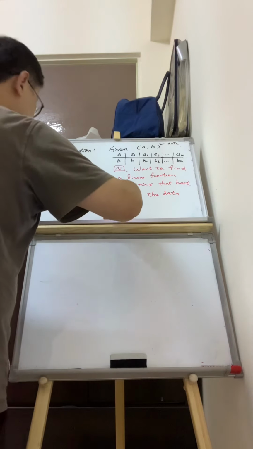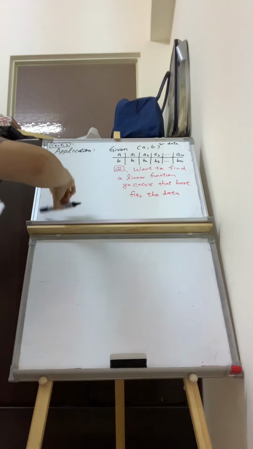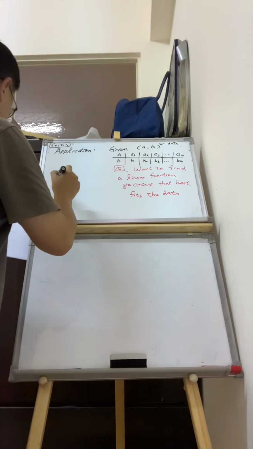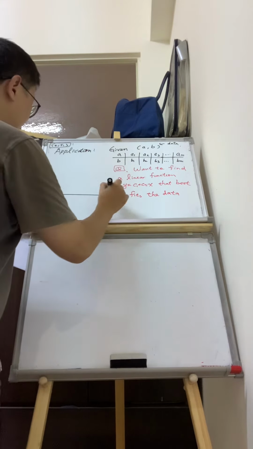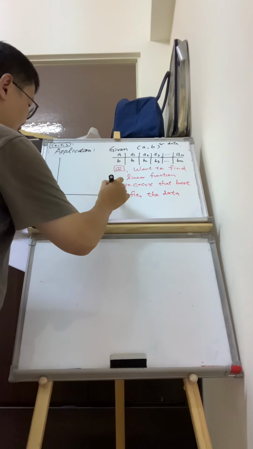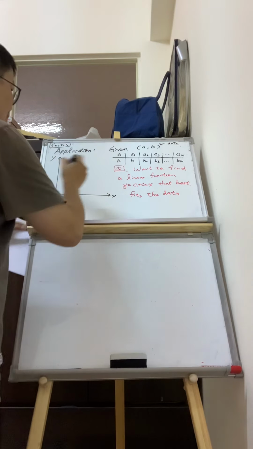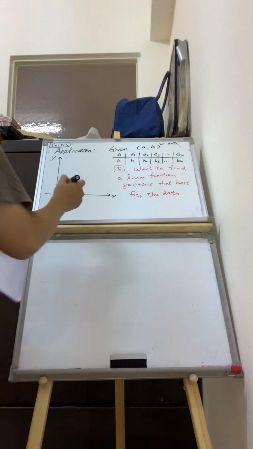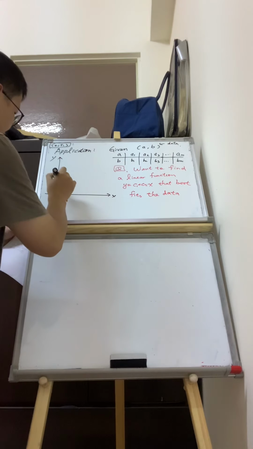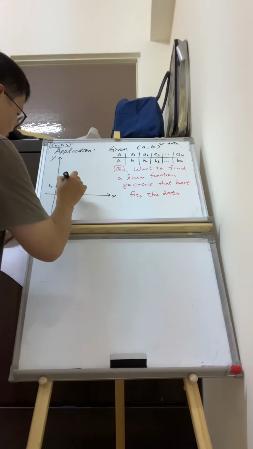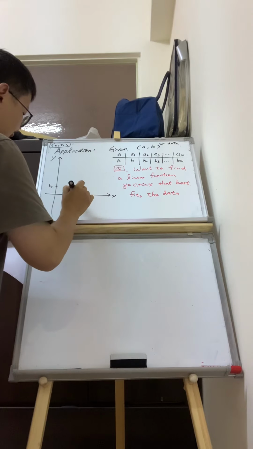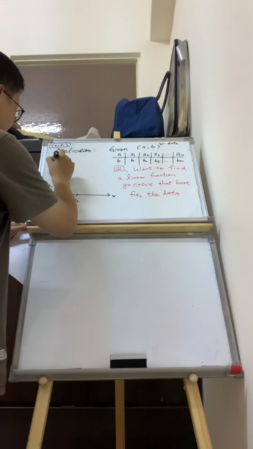Okay, so what does it mean? It means that here we could build it this way. Here we have an XY plane, and we have several data. For example, here is our A1 and our B1 is over here. So we have a point A1, B1, and A2 is over here, B2 is over here.